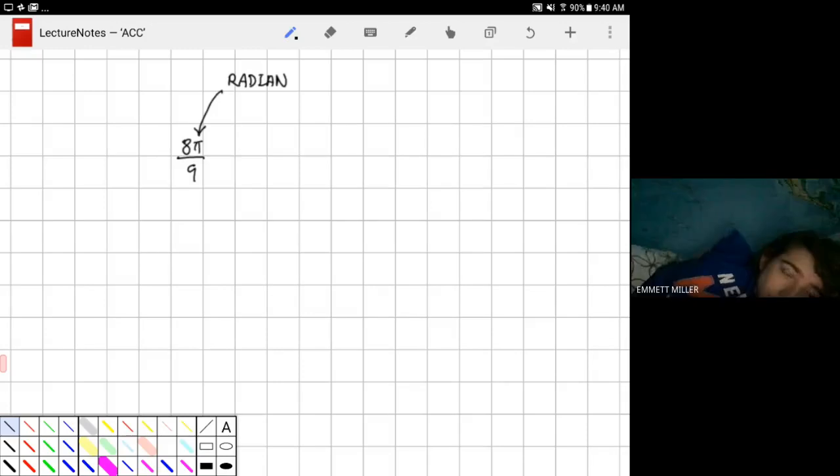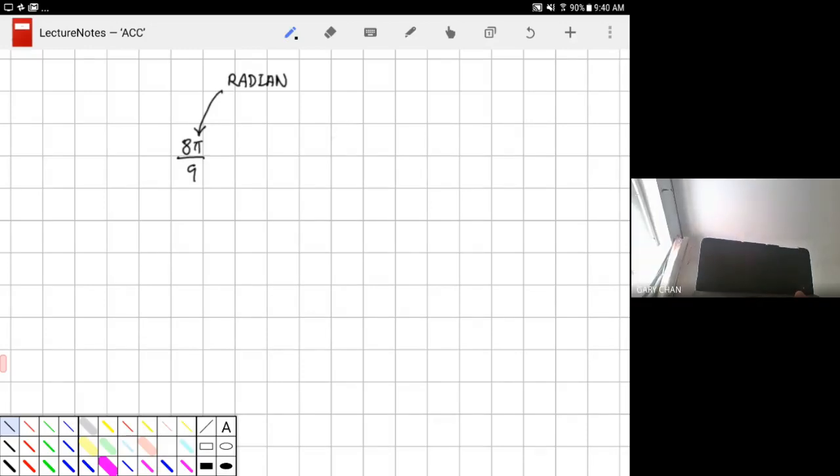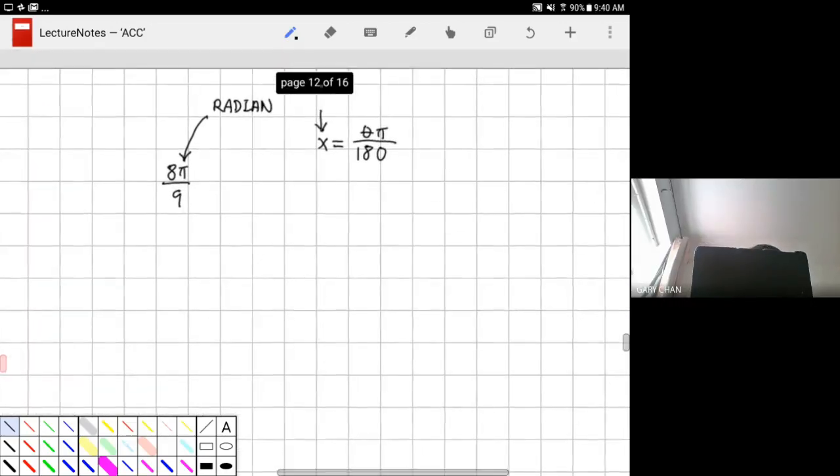I gave you this formula, which was x is equal to theta pi over 180. Where x right here, is that radian or is that degree? This is radian. And the theta over here is in what unit again?